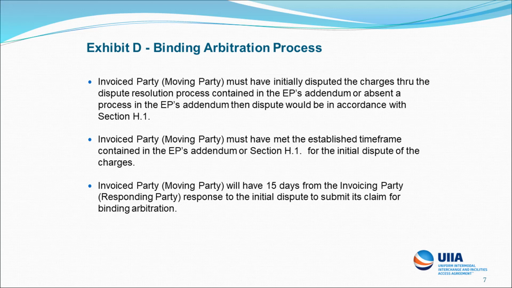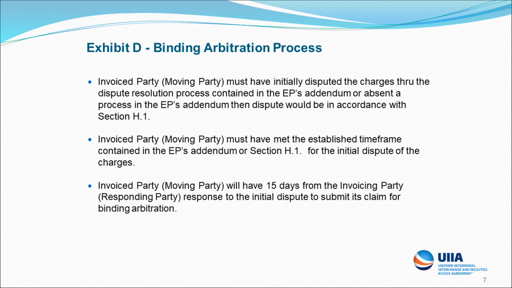So, for example, if you're a motor carrier and you submit an initial dispute to an equipment provider, the equipment provider comes back and denies your claim, indicating that they don't agree with your dispute, you would have 15 calendar days from that date to submit the claim for binding arbitration.